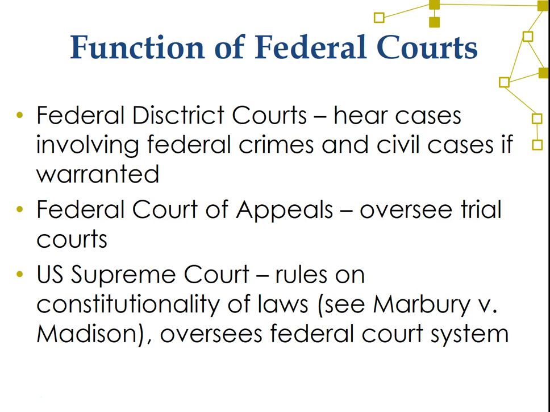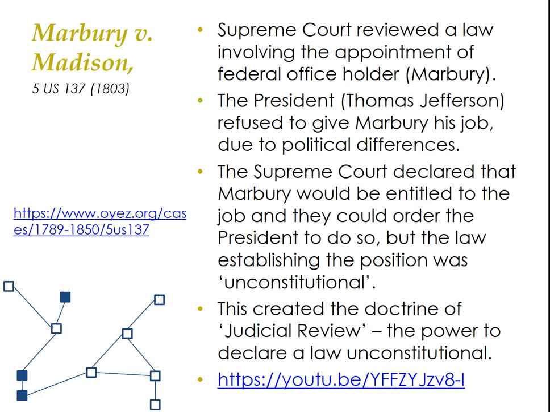The Federal Court of Appeals oversees the trial courts, and the U.S. Supreme Court rules on the constitutionality of laws. And there's a case, Marbury versus Madison, that oversees the federal court system, but a little bit more on the Supreme Court after we take a look at Marbury versus Madison.